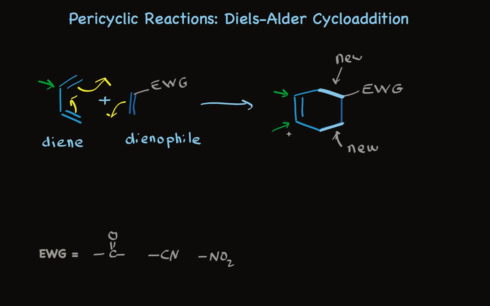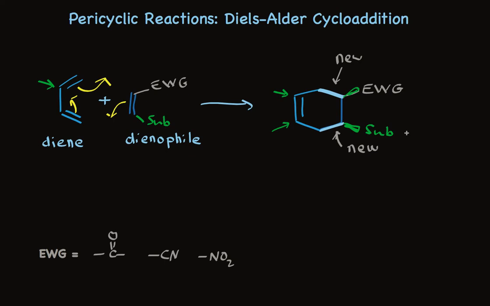Moreover, the dienophile can have stereochemistry, some substituent, and because this reaction is stereospecific, the electron withdrawing group and substituent shown on the same side of the alkene here will be on the same side of the ring here. Let me draw them this way. So there are both regioselective and stereospecific considerations to this reaction as well.